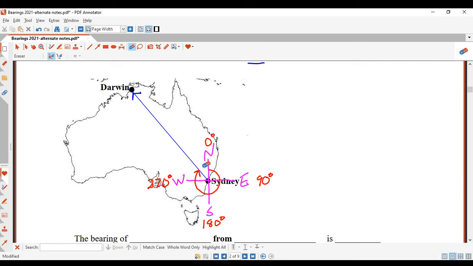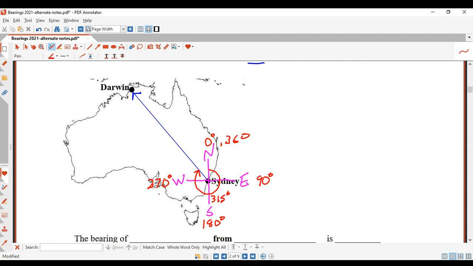Now you can see our angle is between 270 and 360. I'll keep 360 just for this example. Let's say it's halfway between. Halfway between would be, say, 315 degrees. So I'm going to call that angle from all the way around there 315 degrees. Starting from here, rotating all the way around, that's 315.